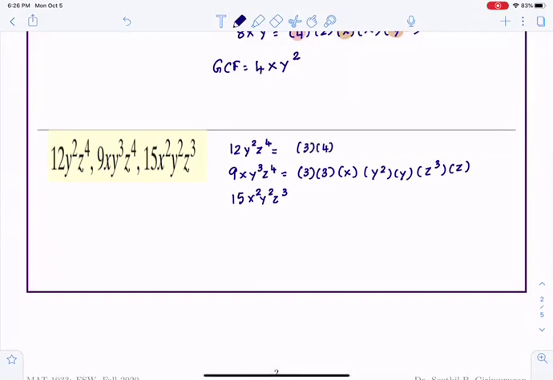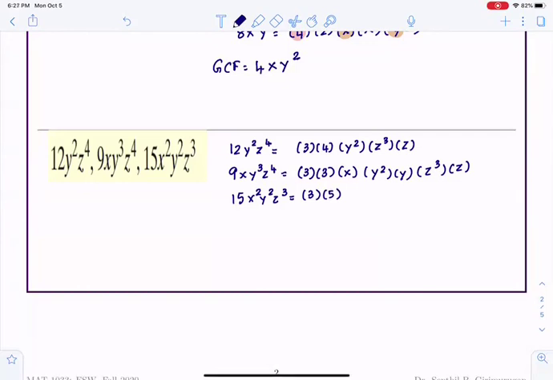And y squared is the smallest, it's the greatest common factor. And z raised to 4, I have a z cubed in one of the three expressions, so I could write it as z cubed times z. Likewise, 15, I could write it as 3 times 5.